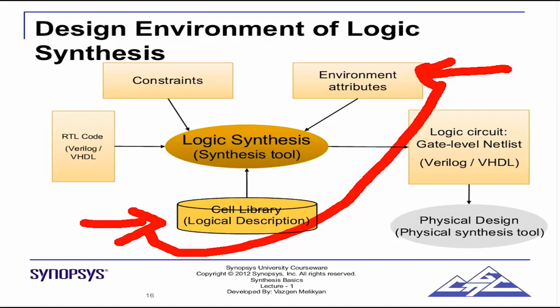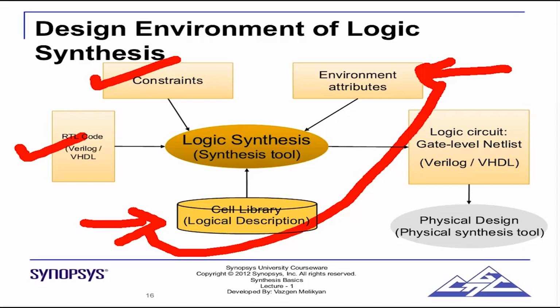Then we give the tool our RTL code, and we give the constraints. These are the inputs. What comes out is a gate level netlist in Verilog or VHDL. Let's say Verilog.